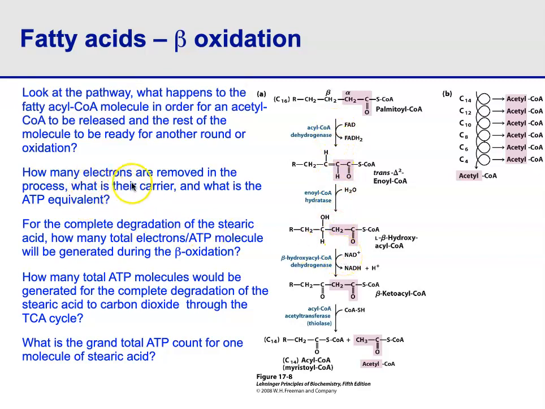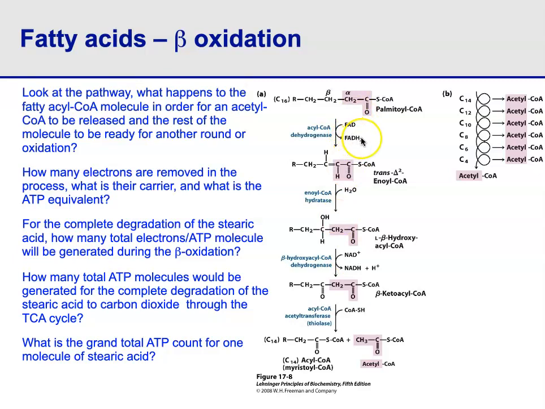Alright, so how many electrons are removed in the process? What is their carrier? And what is the ATP equivalent? 1 electron pair, or 2 electrons, 1 electron pair here on FADH2, 1 electron pair loaded on NAD+. What is the ATP equivalent?